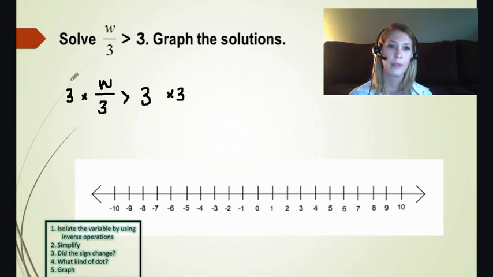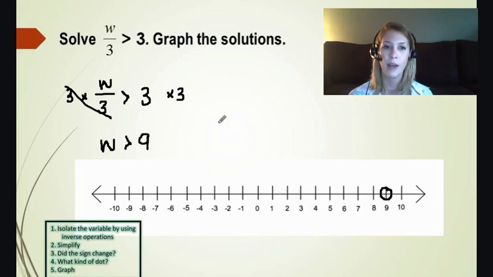When we do that, those cancel out on the left side of our inequality, and we're left with w is greater than 9. Greater than is an open graphing point, and we're going to graph everything to the right. So everything greater than 9. So I'm going to go ahead and use my pointer tool. And there we go. We graph that point. W is greater than 9.